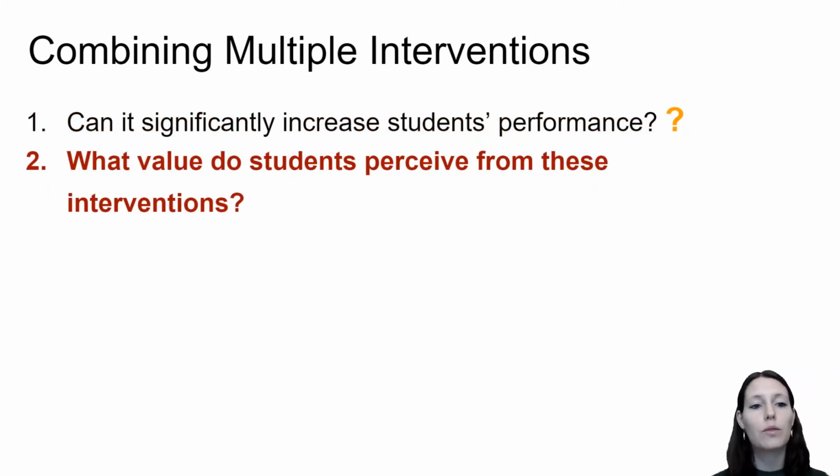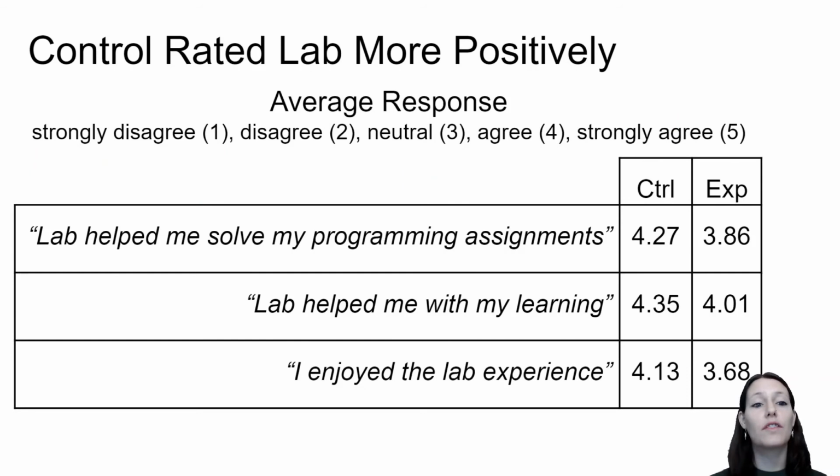Our second question was, what value do students perceive from these interventions? For this, we looked at the results of a post-term survey we had the students fill out that had questions related to lab on it. From this, we found that the control group rated lab more positively overall. Students were shown 3 statements and asked to state their agreement with these statements on a scale from 1 to 5, 1 being strongly disagree and 5 being strongly agree.